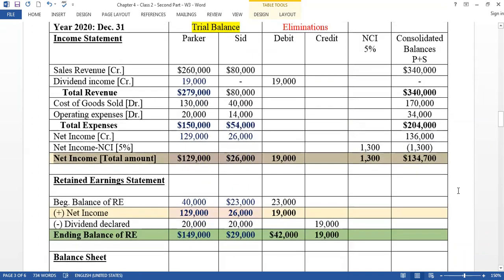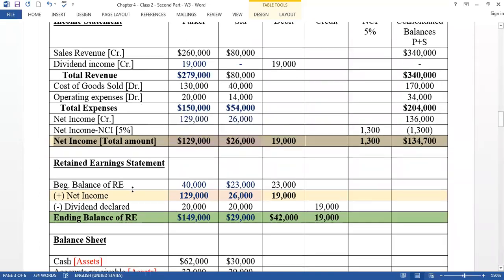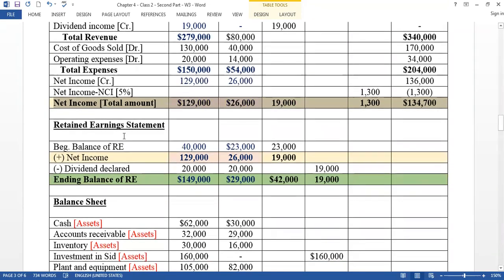Now I told you that this is the pink color. So this net income will go under retained earnings, because retained earnings is beginning balance plus net income. You remember, right? So this pink net income should come from here.